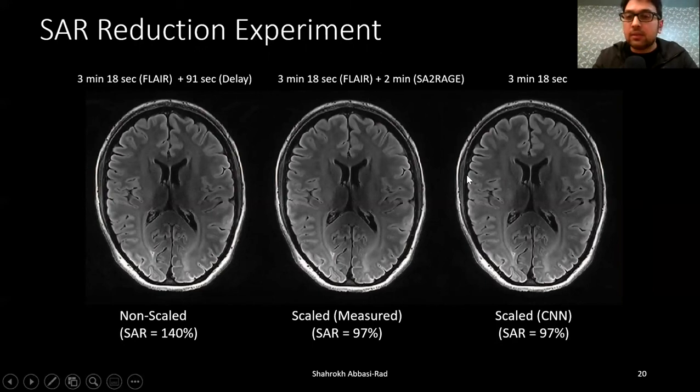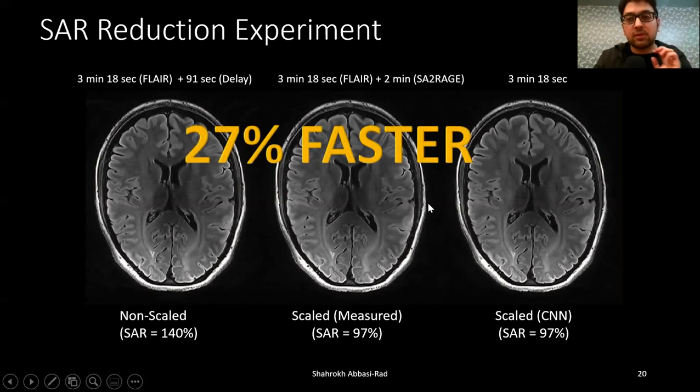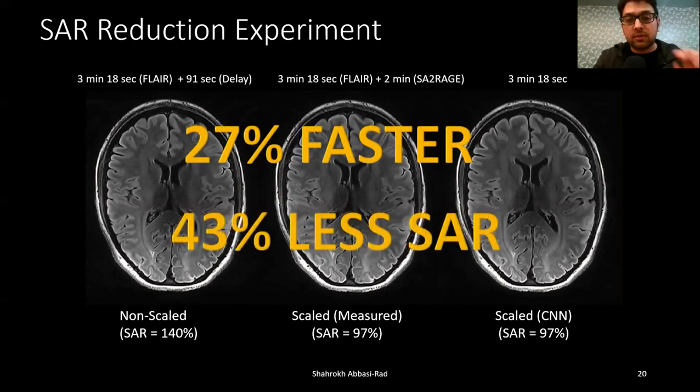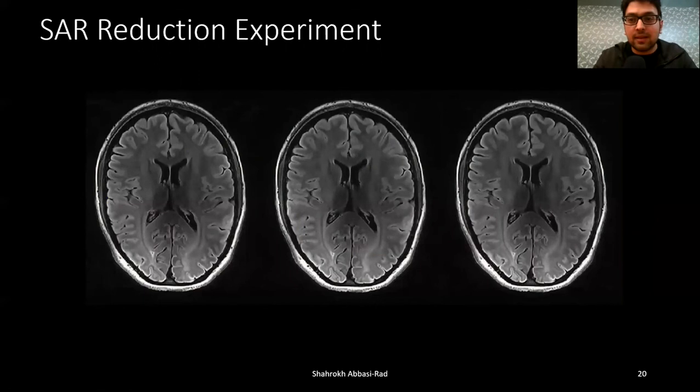But for the scaled modes, either with the scale factors calculated based on the measured prior information or the predicted prior information, you can see that with either of the scaled modes, we can save 27% in time and 43% in SAR, and hopefully you can't tell which one is which. It means that we reduce the SAR and we reduce the time without touching image quality.